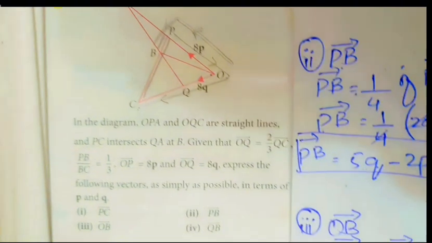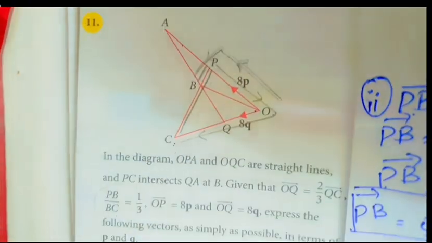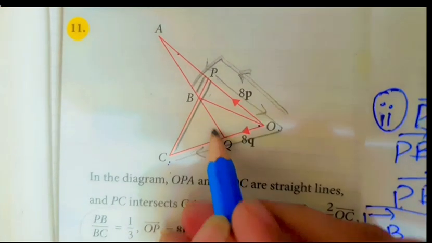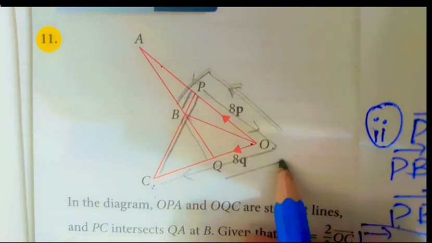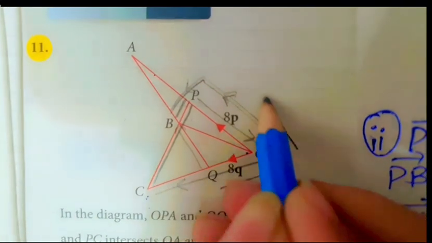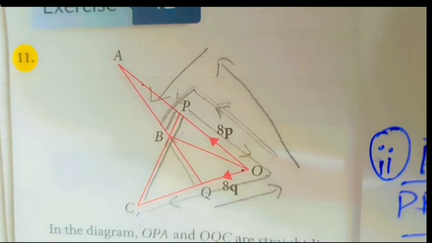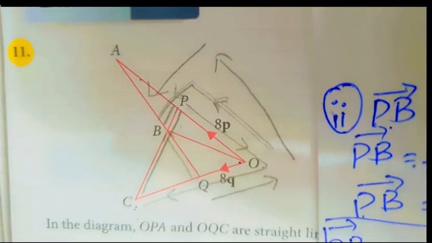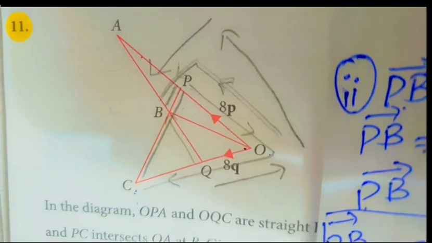Now move to fourth part. This is the last part, and we have to find the value of QB. So where is QB? This is QB. Start from Q and then move to B. So we can move from here, QO, then OP, and then PB. QB is equal to QO, then OP, and then PB.